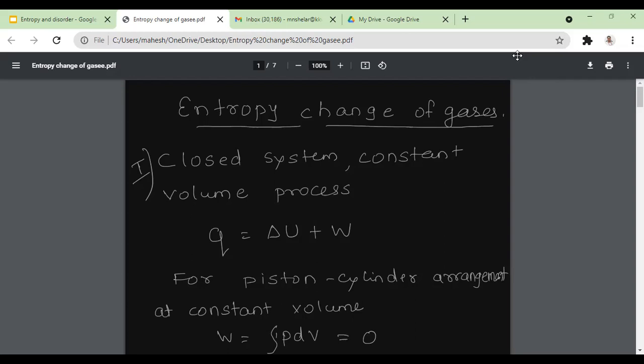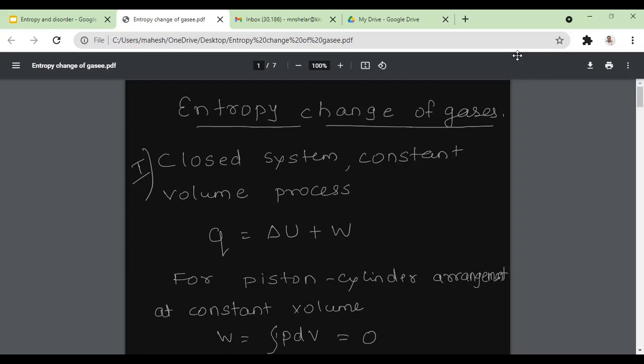If it is an open system, the work transfer is obtained by the area behind the process drawn on a pressure volume diagram, and mathematically it is W equals minus integral of VdP. So these things we need to keep in mind.